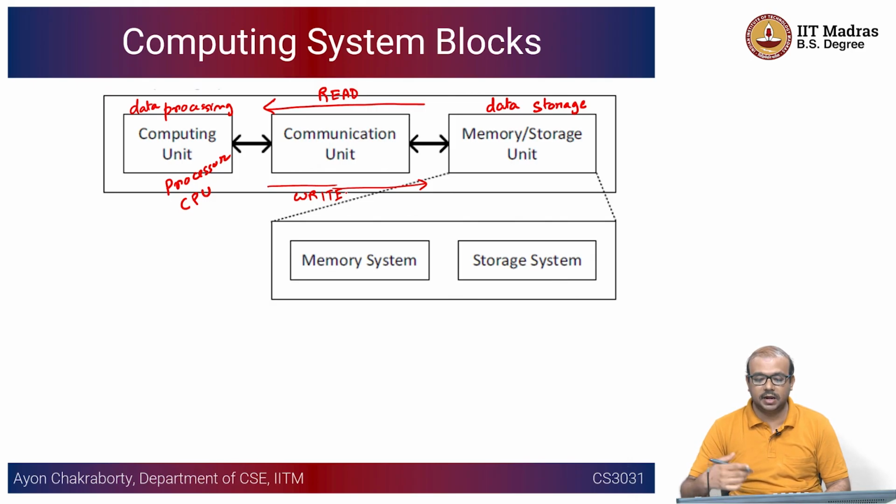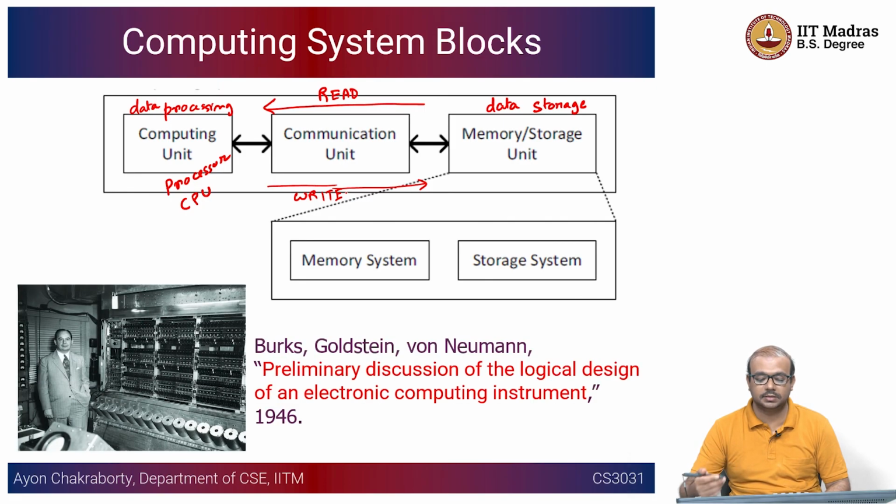This logical partition of a computing system into these blocks was done by von Neumann in one of his seminal works. If you are interested, you are encouraged to look up this particular article, which was one of the pioneering works that defined how a computer system should look.